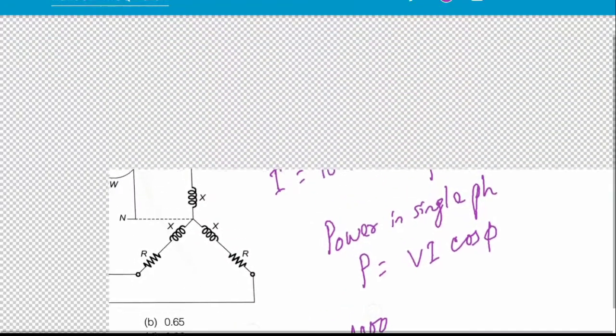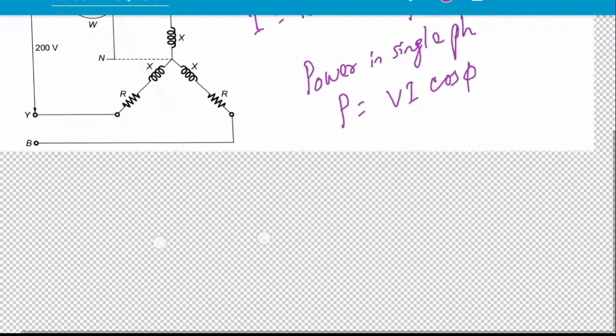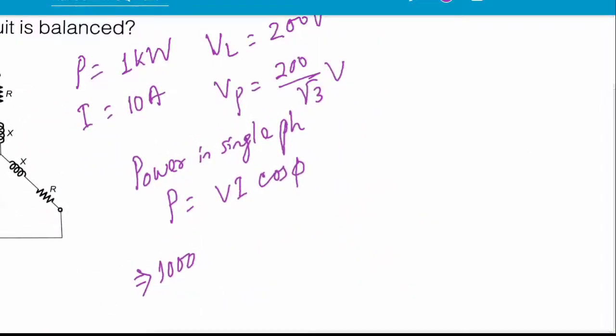So here 1 kilowatt is given. 1000 is equal to phase voltage, that is 200 by root 3, into phase current, which is equal to 10, into cos phi.